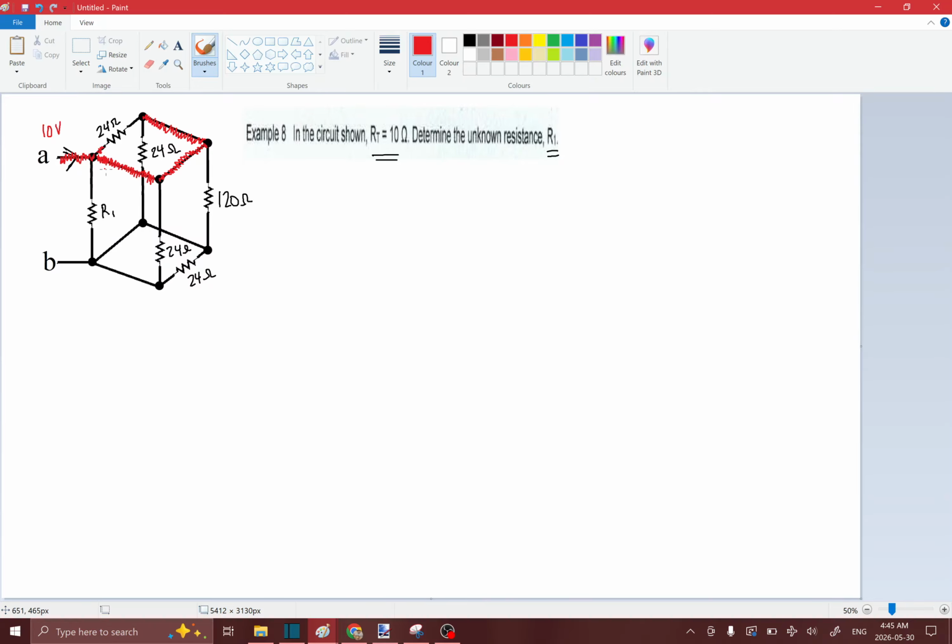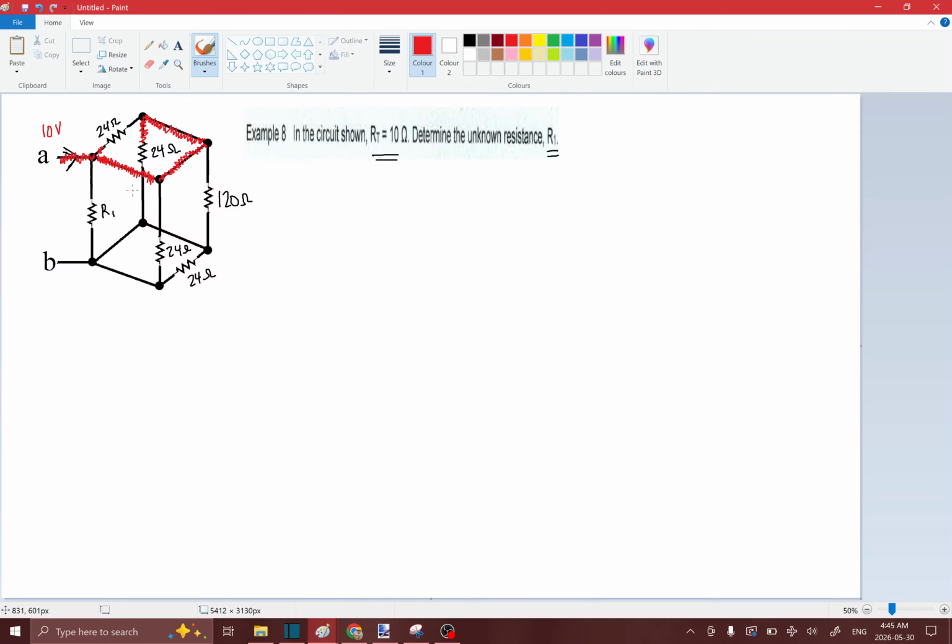Alright, so at this point, the electricity has gone around this way, and it could go back over this 24 ohm resistor, but it won't, because if it did, then it would be clashing with this current that's coming through like this, right? Electricity goes in one direction. So it's not going to go back through this 24 ohm resistor. It's actually going to go down like this. Okay.